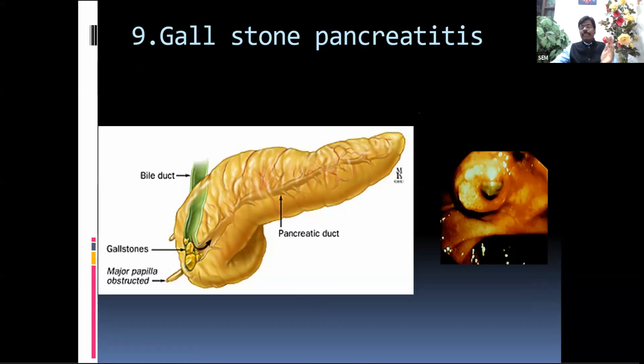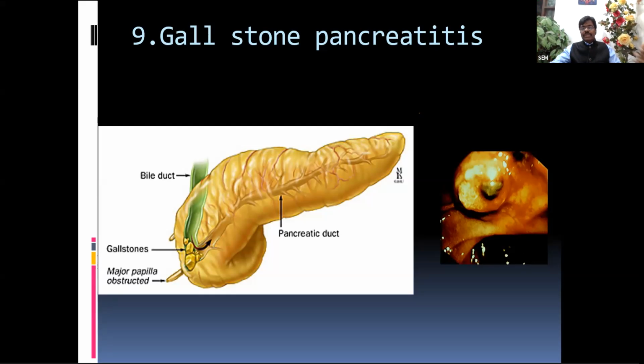For causes of pancreatitis, if anybody asks you, there are only two important things you should say: A, alcohol, B, bile duct stone. If you know that, 80% of them will be solved. Of course, there are other things like congenital causes, like pancreas divisum, I'll tell you, and also conditions like hyperlipidemia, metabolic causes. Drug-induced pancreatitis is also there.